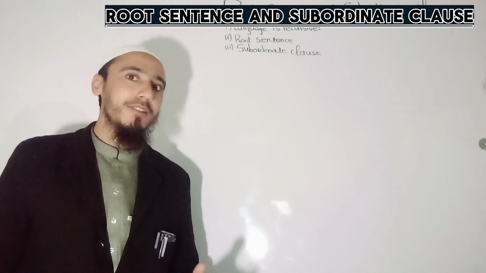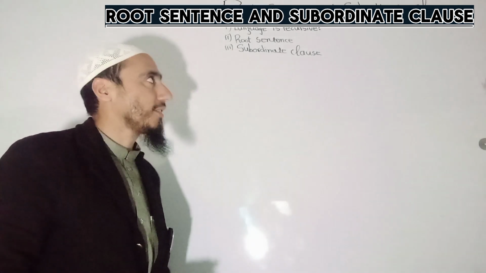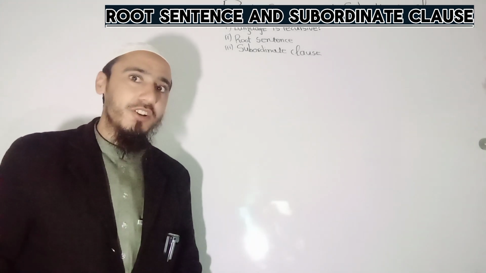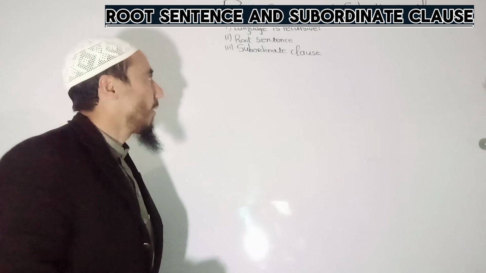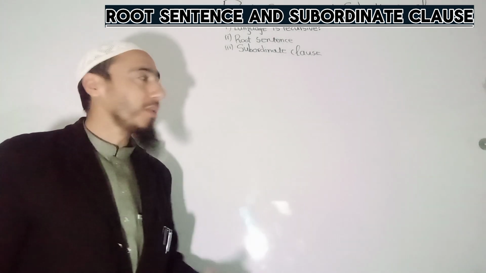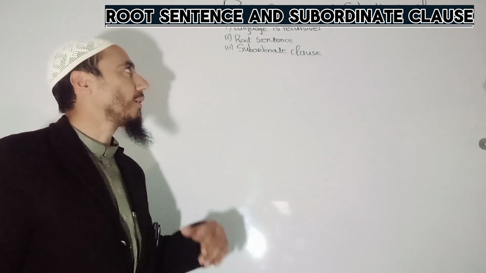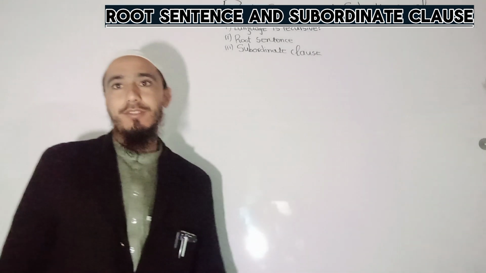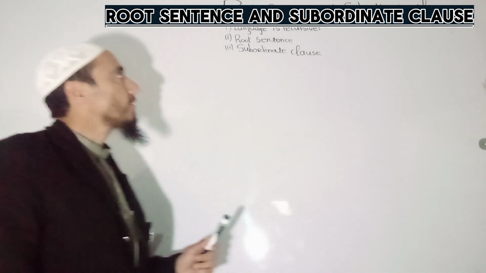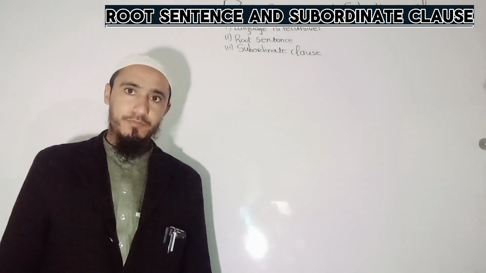And you will also learn what the connection is between root sentence and subordinate clause, and what the tree diagram or tree structure is for both of them. Related to this, you will know what is meant by language being recursive, in subordinate clause and root clause. These will be in much detail. So let's start from the root sentence and subordinate clause.